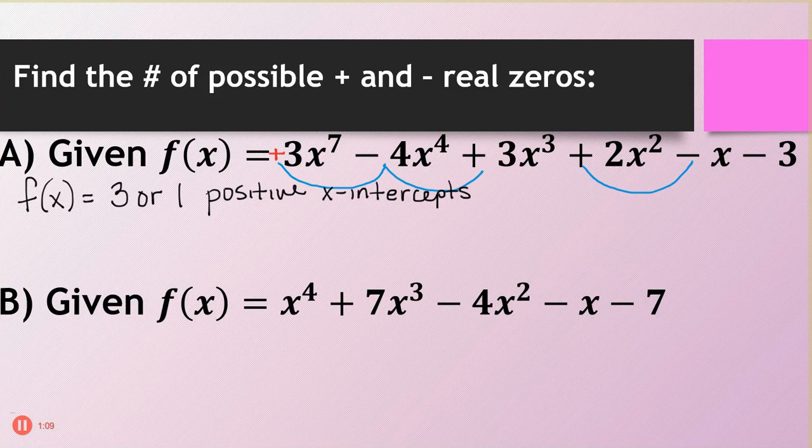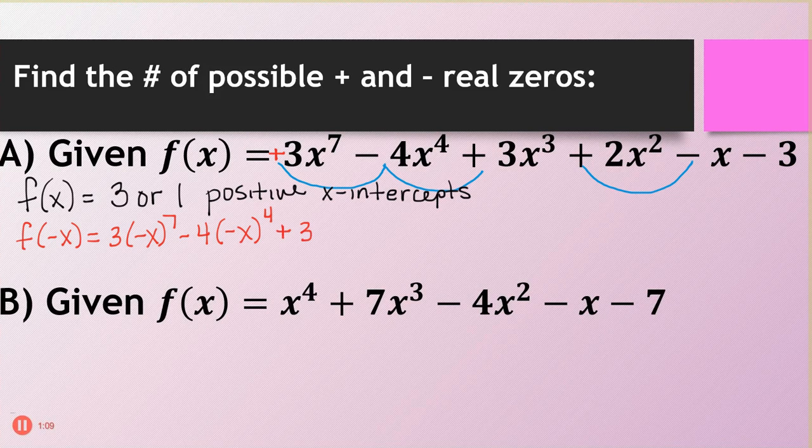When we find f of negative x, every place that we have an x, we're going to put a negative x now. And just remember your exponent. If you take a negative to an odd exponent, it will remain negative.